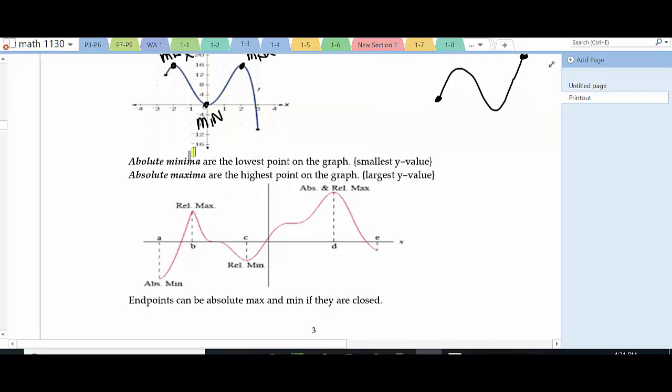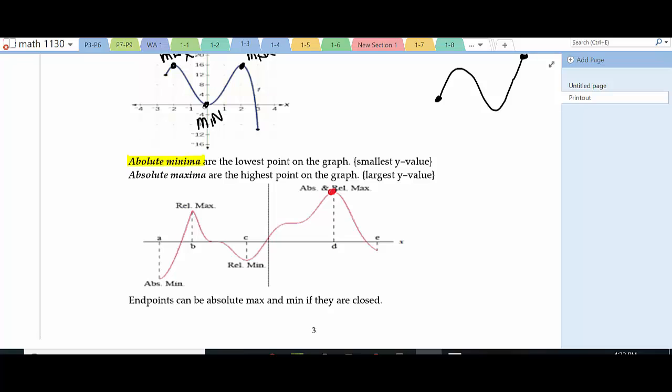So hopefully this diagram will kind of clarify everything. An absolute max just means that's the highest point the graph ever hits. Now this point right here is both an absolute and a relative. It's a relative because it increases then decreases, but it's also the highest y value it ever hits. Okay?